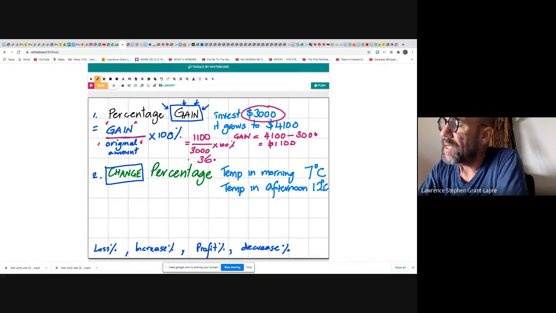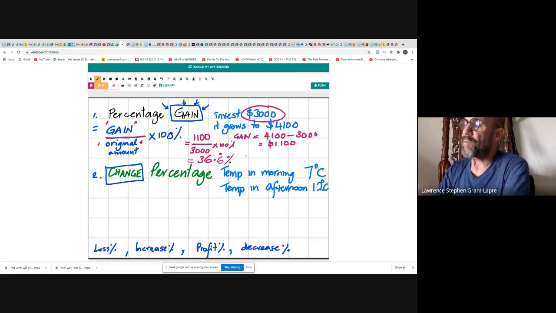It's exactly 36.6 recurring percent. And that's the percentage gain. It's the gain divided by the original amount.